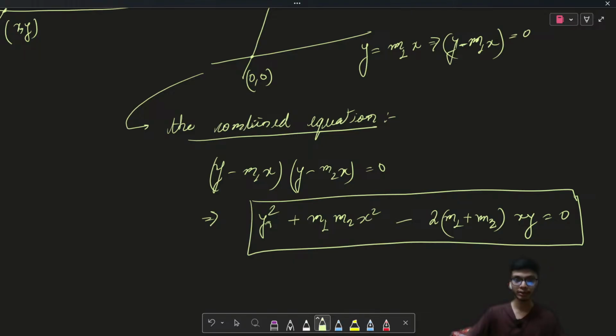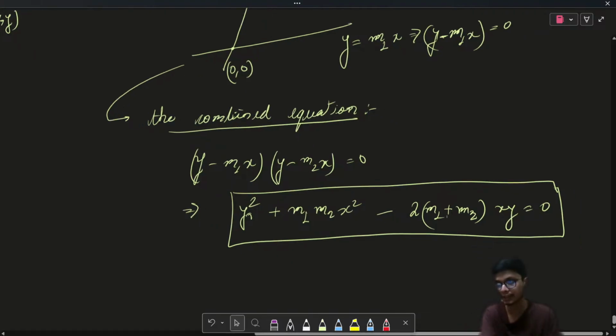So this form of expression, where you see that the terms of first order, like x to the power 1 or y to the power 1, or the constant, are 0. Okay, there is no constant and no first order terms of x and y. So only we have the second order terms involving x and y.